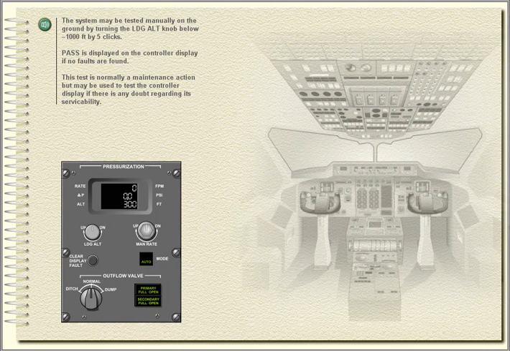The system may be tested manually on the ground by turning the landing altitude knob below -1,000 feet by 5 clicks. Pass is displayed on the controller display if no faults are found.